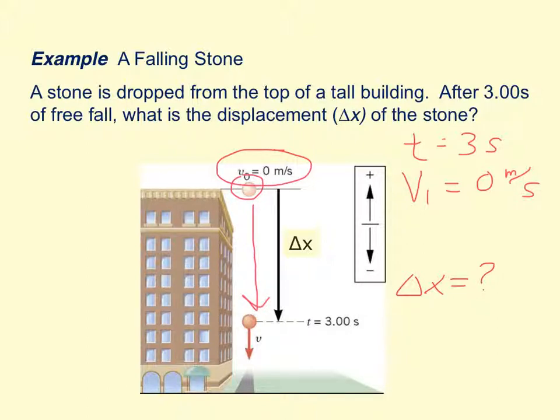Well, we don't know the final velocity, but we can make an assumption about the acceleration since it's falling. We know that gravity's acceleration is always negative 9.8 meters per second squared. So now all of a sudden we have 3 variables that we know and a fourth variable we're solving for. I don't know about you, but this to me looks like I might be using a Fab 5 problem. Let's go to the next slide and see what we have for some work here.